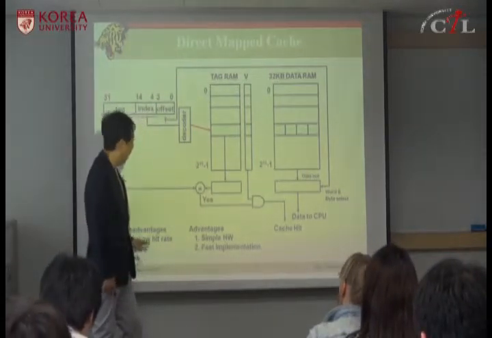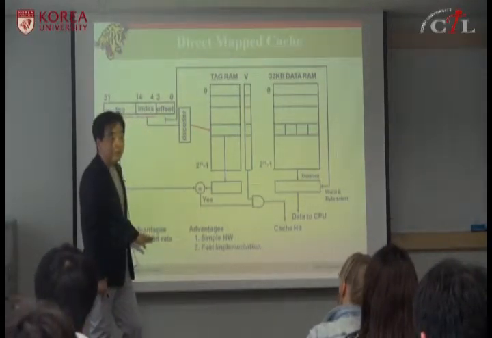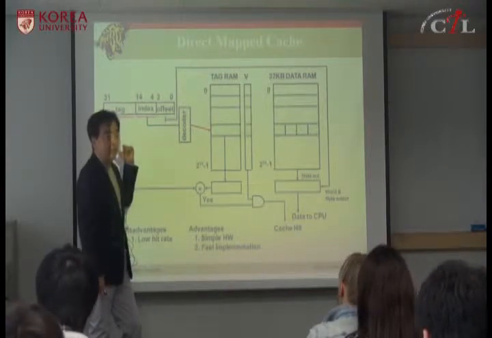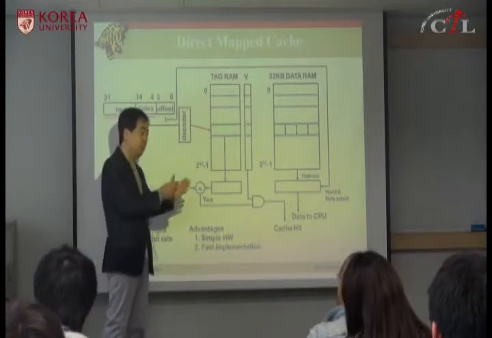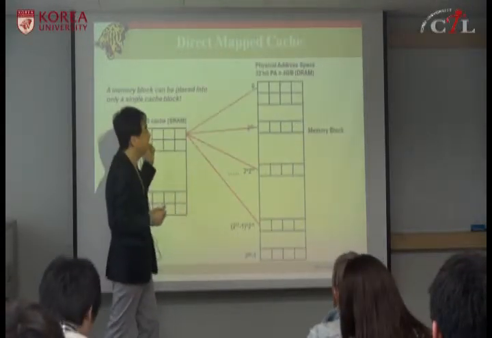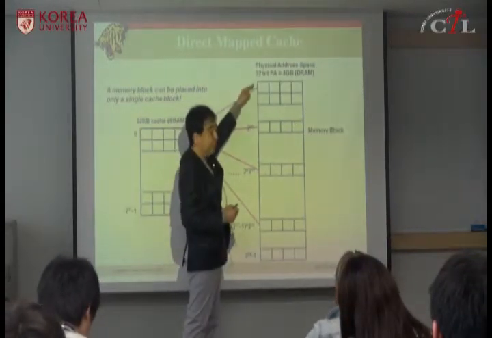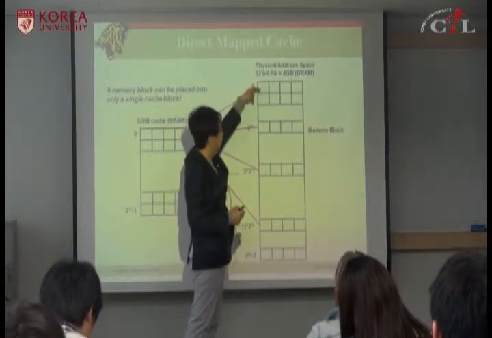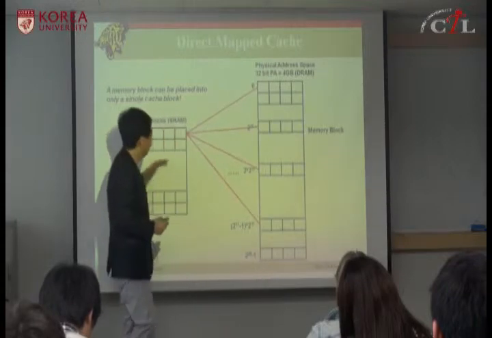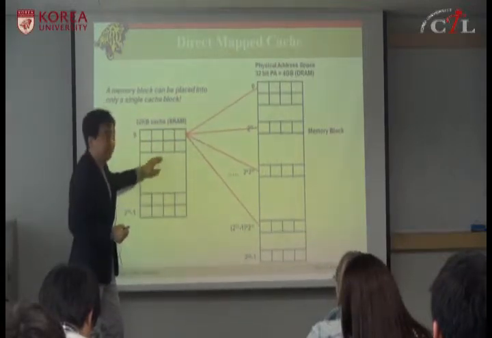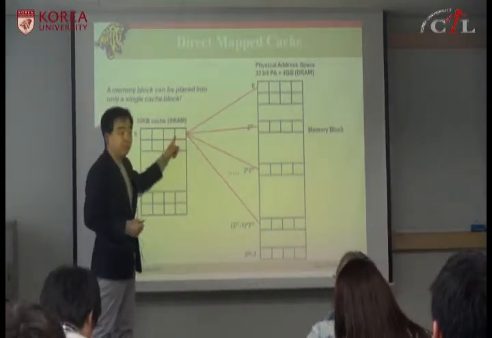Okay? But it has some lower hit rate compared to fully associative cache because you are limiting yourself to only one location. If you are unlucky, your memory access pattern is like this. You access this block, this block, this block, this block, and so on. Then even though other locations are empty, all the blocks are mapped to the same location.